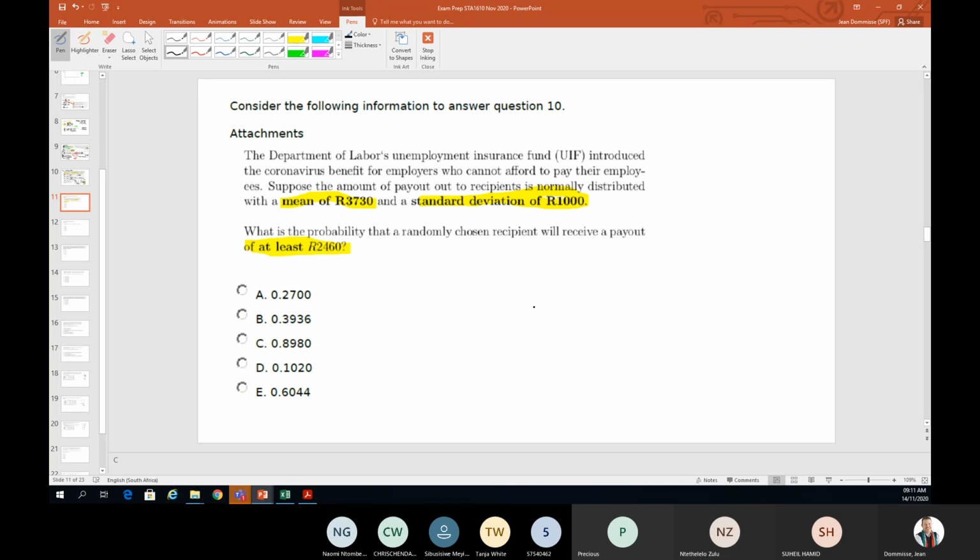So what do we have? We're going straight into study unit 6 in this instance.